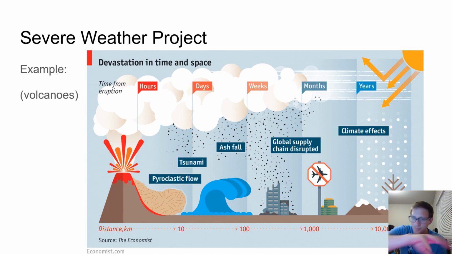The image here: if there's enough ash in the atmosphere, it's going to repel the sunlight, causing our winters to actually be worse. Even though volcanoes give off a lot of heat, so you would think that maybe it would make it warmer. Not exactly the case, because of the ash it puts into the atmosphere that actually reflects the sun's energy. But think about things like that.